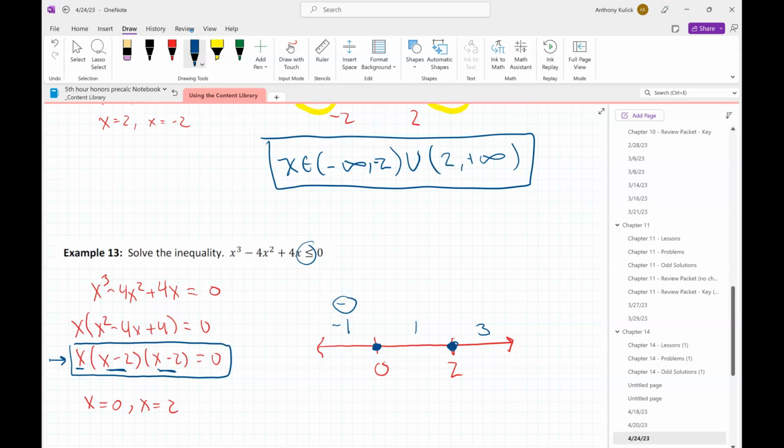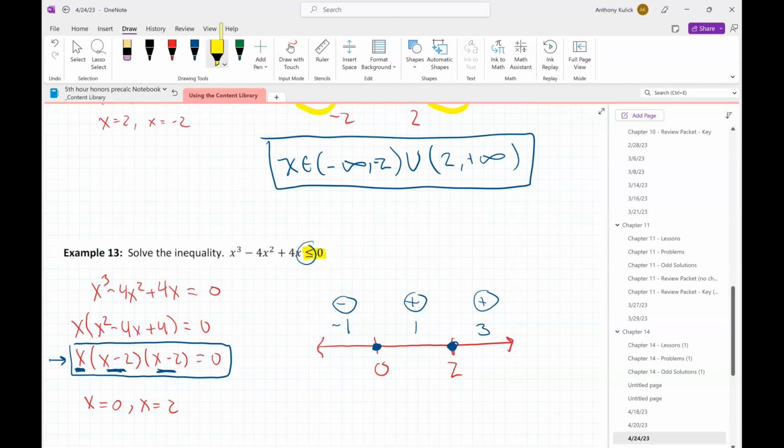When I plug +1 in, I get positive times negative, so that should be negative. And when I plug 3 in, I get positive times positive times positive. So that should be positive. Everybody's cool with how I filled the sign diagram in there? Okay.